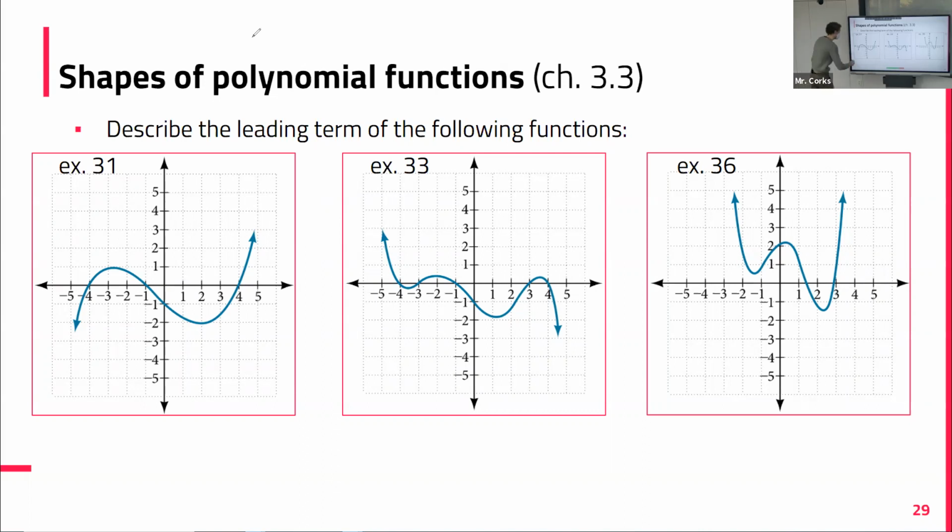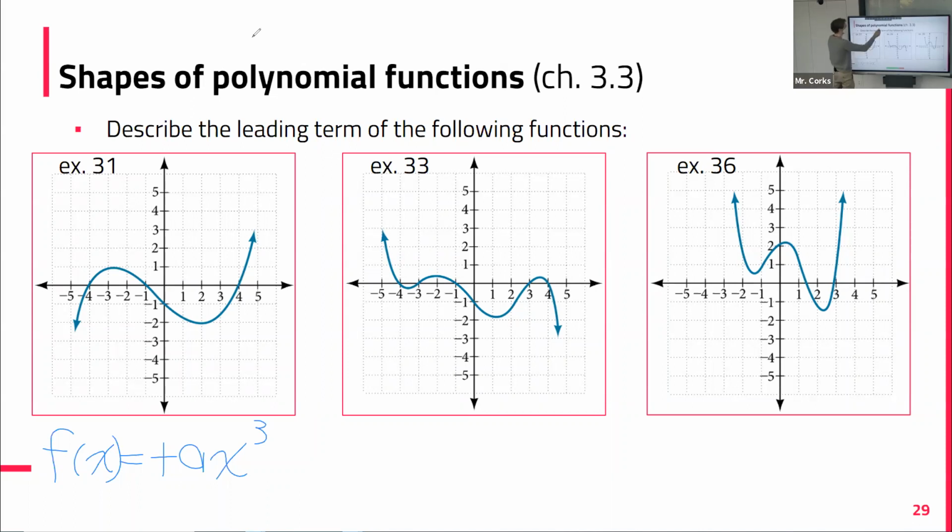So for this first one, tell me as much as you can about the leading term. Okay. So positive coefficient here, and you're saying, okay, so you think it's an odd exponent that must be at least 3.